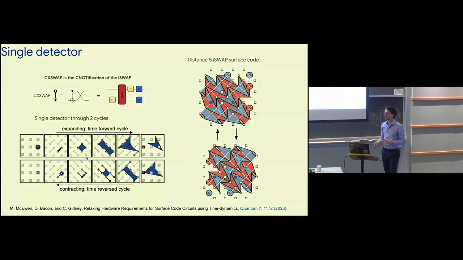They now look like an arrowhead like this. And you actually oscillate in the bulk between arrowheads going in one direction versus the other direction. So once again, you have the expansion cycle, and then you have the contracting cycle. But the shapes are much more extremely deformed compared to the standard surface code.